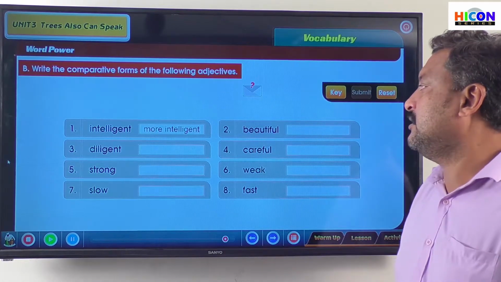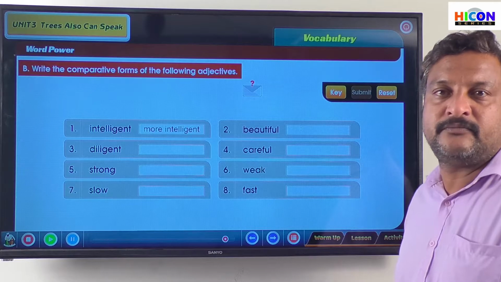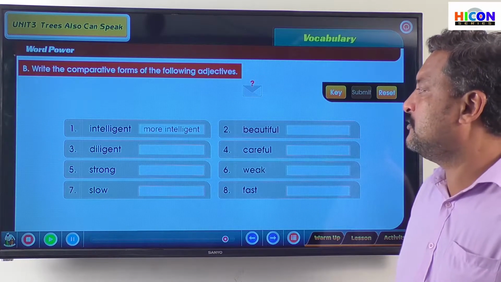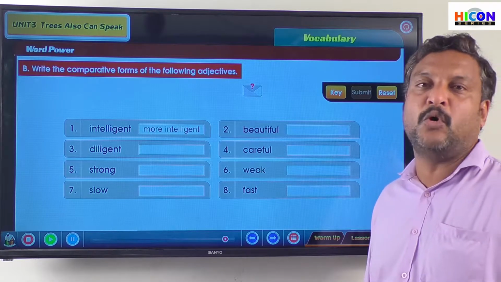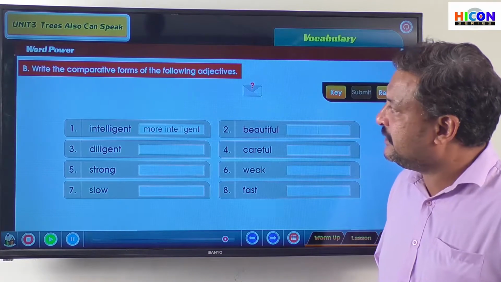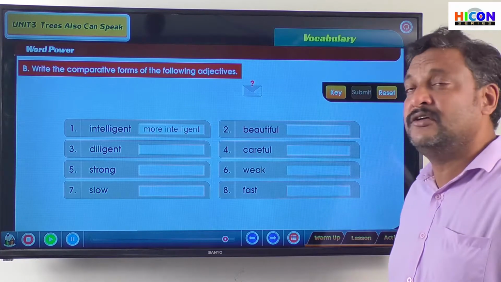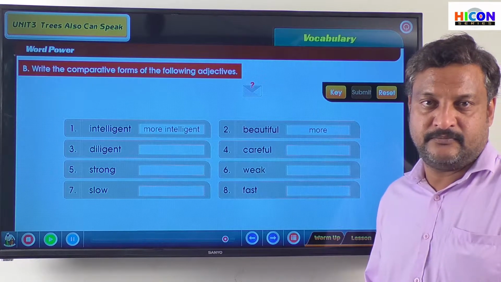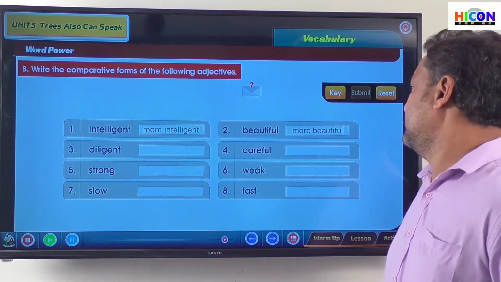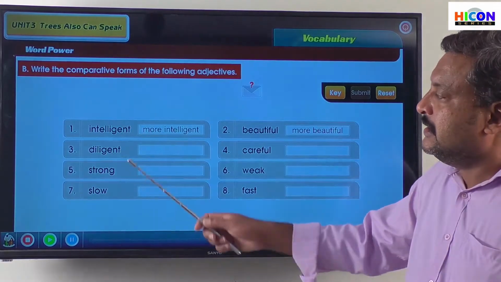The second one, beautiful. Okay. So beautiful is also a word to which we need to add more, right? So the comparative form of beautiful is more beautiful. Yes. Diligent.